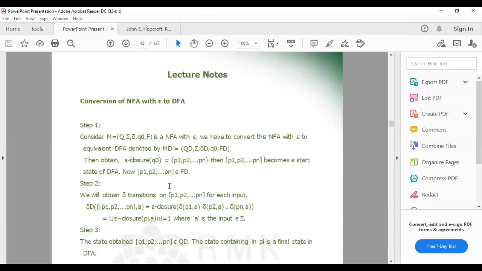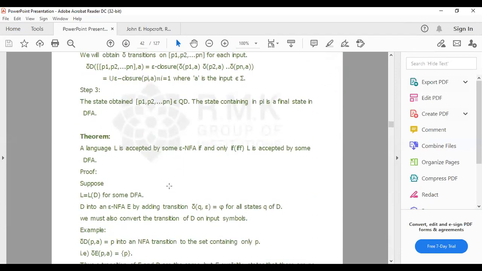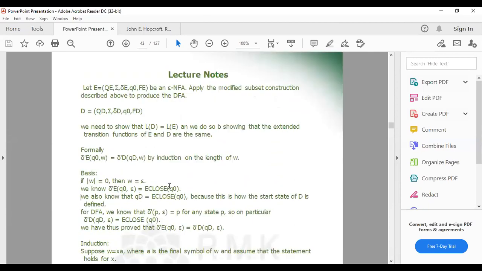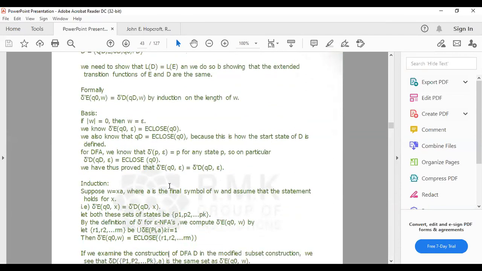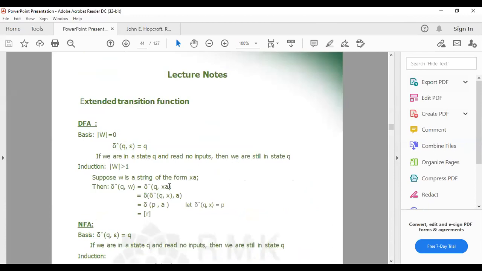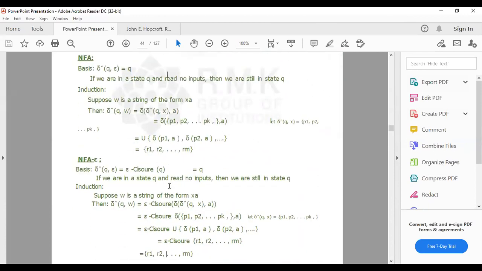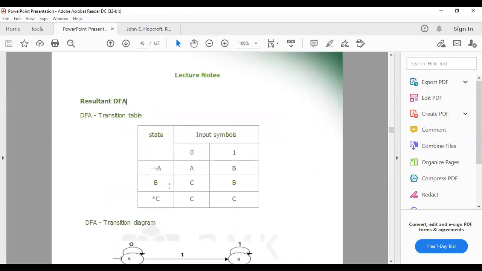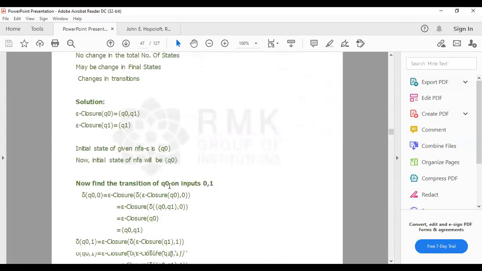And the equivalence problem. In equivalence, we have 3 types: NFA to DFA, NFA with epsilon to NFA without epsilon, and NFA with epsilon to DFA directly. Go through all those things. If you have any doubt, please contact me.